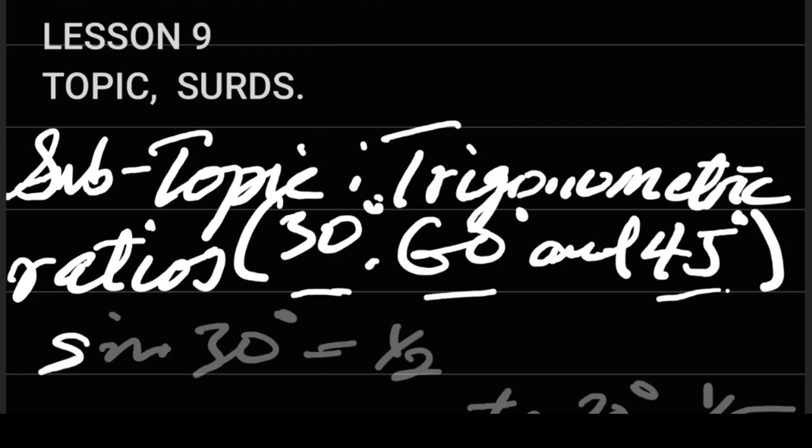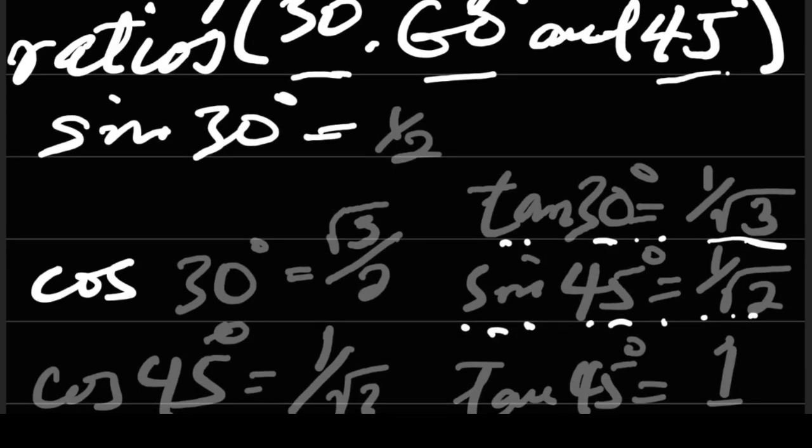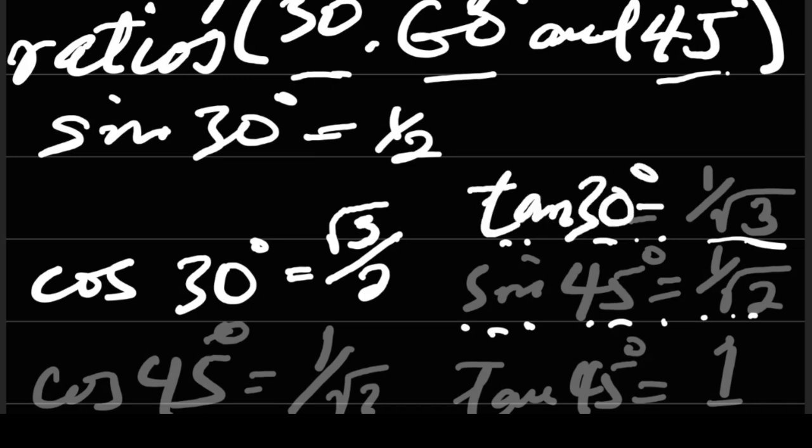So here are the sine 30 degrees, cos 30 degrees. Sine 30 degrees is 1 over 2. Cos 30 degrees is square root of 3 all over 2. Tan 30 degrees is 1 over root 3.